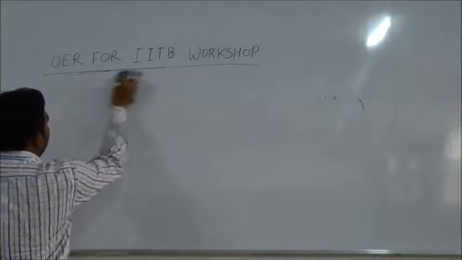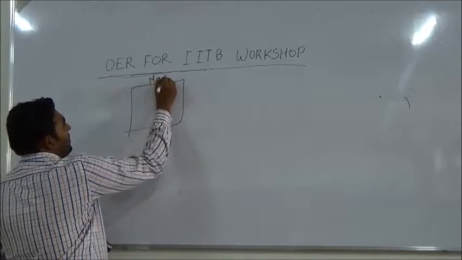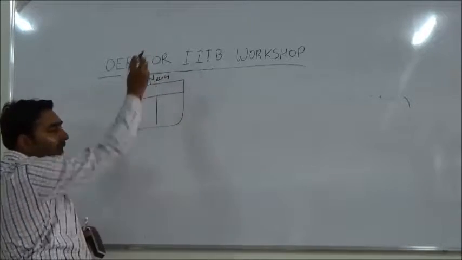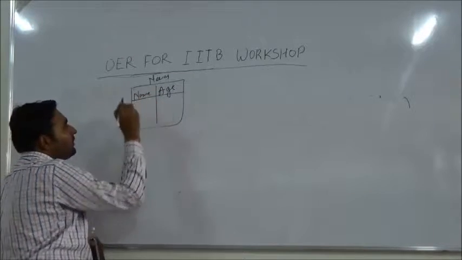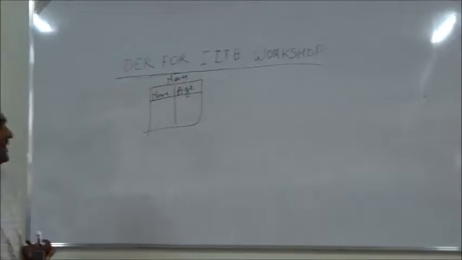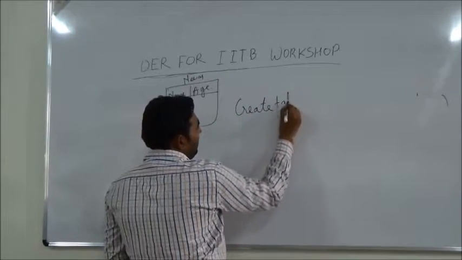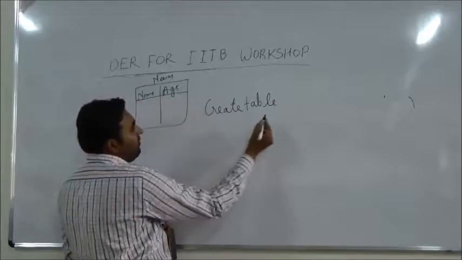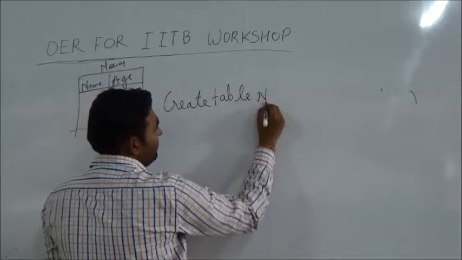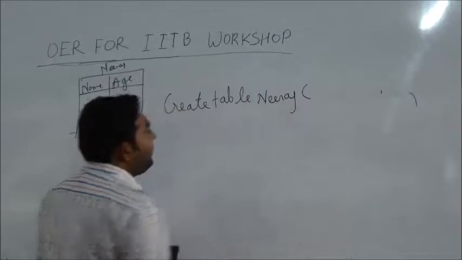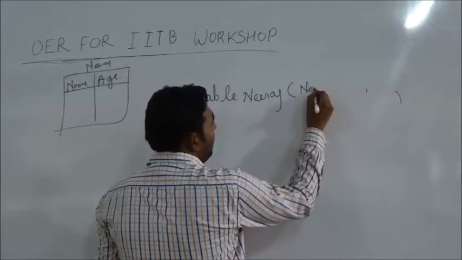Suppose now we are making a table, taking an example. Suppose we have to make a table whose name is Neeraj and which has attributes like name and age. For this, the MySQL query will be: create table, then the table name, Neeraj. Then we specify the attribute name.